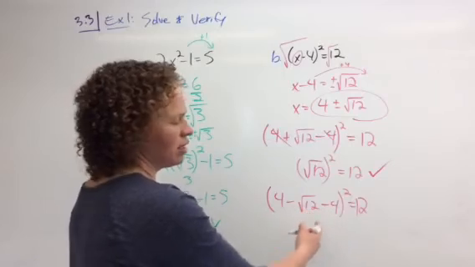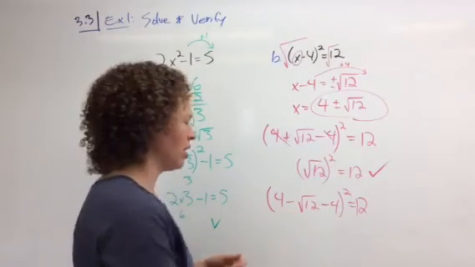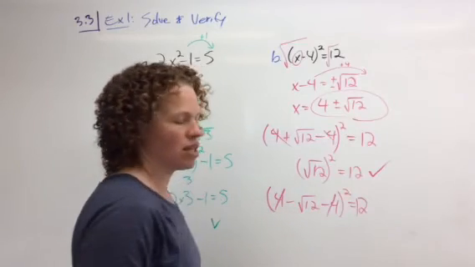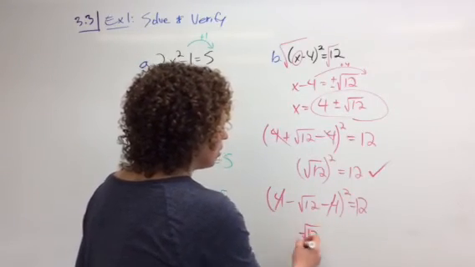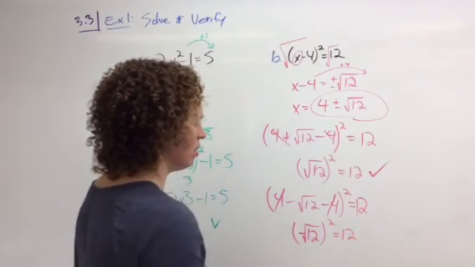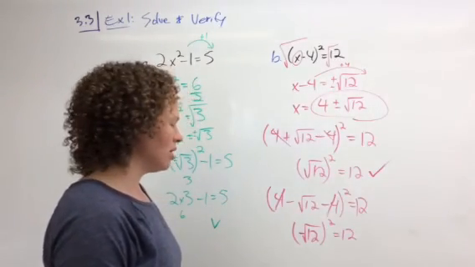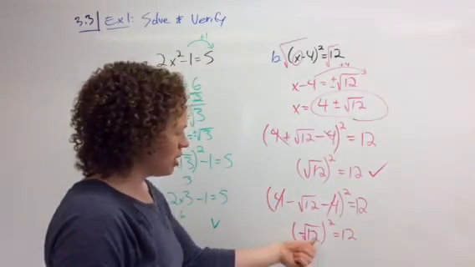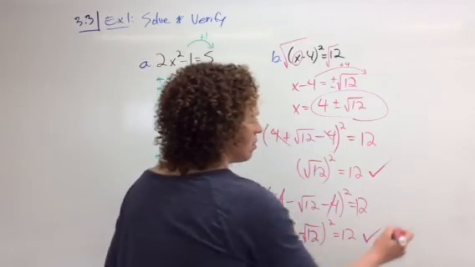Again, the 4 and the negative 4 haven't been affected by the fact that we're using a negative root 12, so that still is going to cancel out. Now we're left with negative root 12 squared equals 12. And is that true? Well, the negative is going to be taken out by the squaring process, which means yes, that one's true as well.